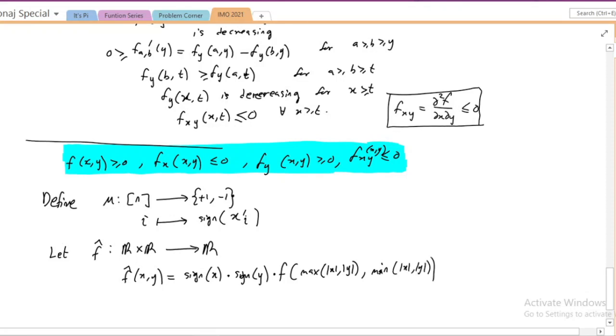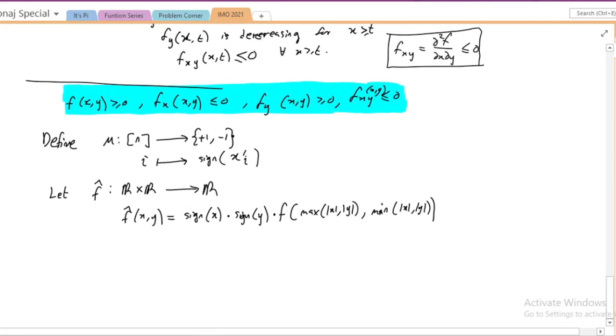So we're going to define f cap this way. If we have this as our definition for f cap, we could retrieve f from such an f cap, but to do that we need to just observe a few things.